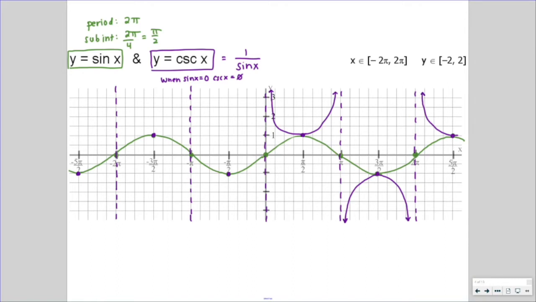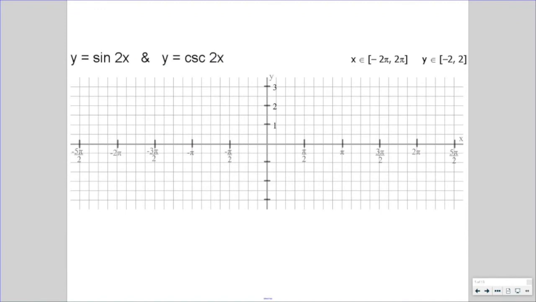All right, but all we need to know really is that from those minimum and maximum points, our cosecant curves are going to go up or down and follow the asymptotes to positive or negative infinity. All right, so what's in purple, including the asymptotes, is cosecant. Always have to graph the asymptotes if you want full credit there. What you didn't need to graph, if I didn't ask you to graph sine, is that green curve that goes in between.